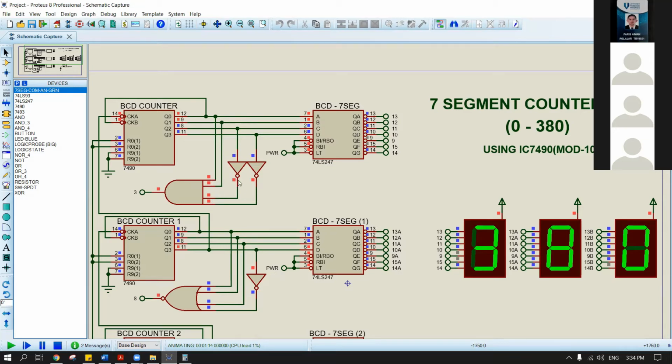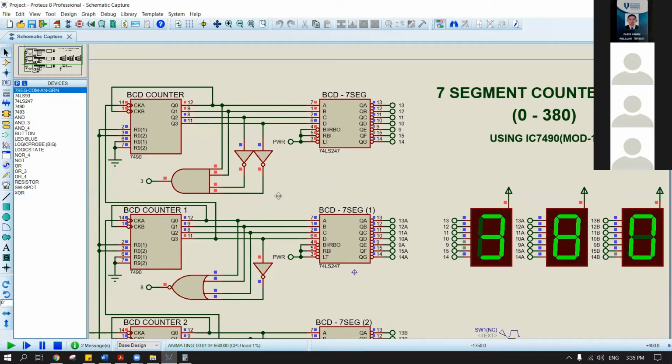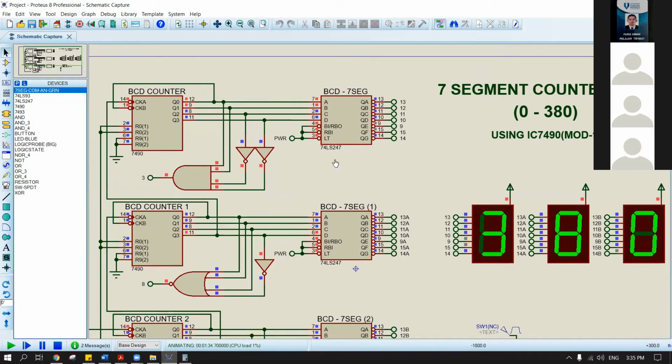So we have to put an inverter here to make it high, because for the AND gate operation, the output will be high only when all inputs are high. You guys can use another gate as well, depending on the operation of the gate. Okay, are you clear about it?